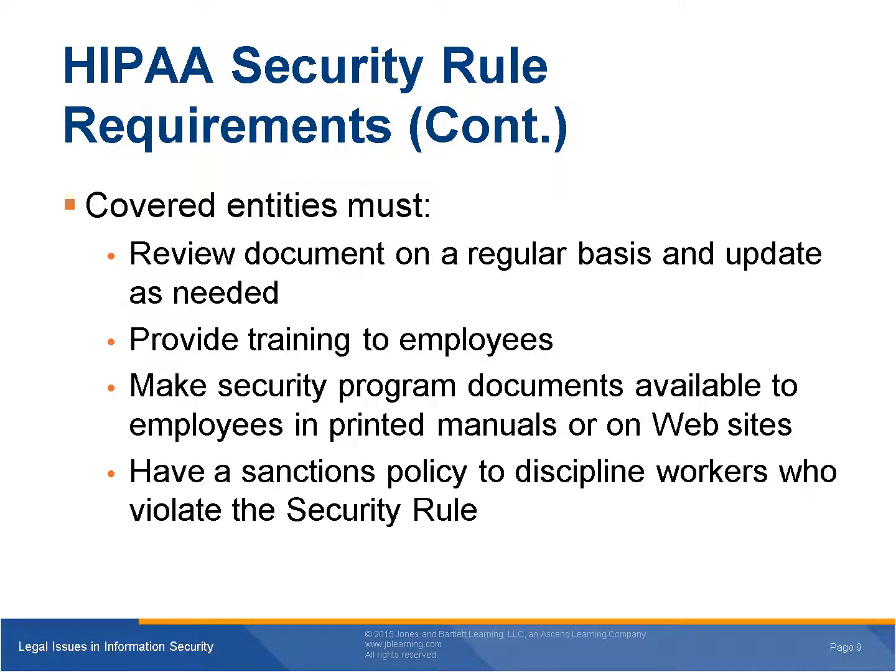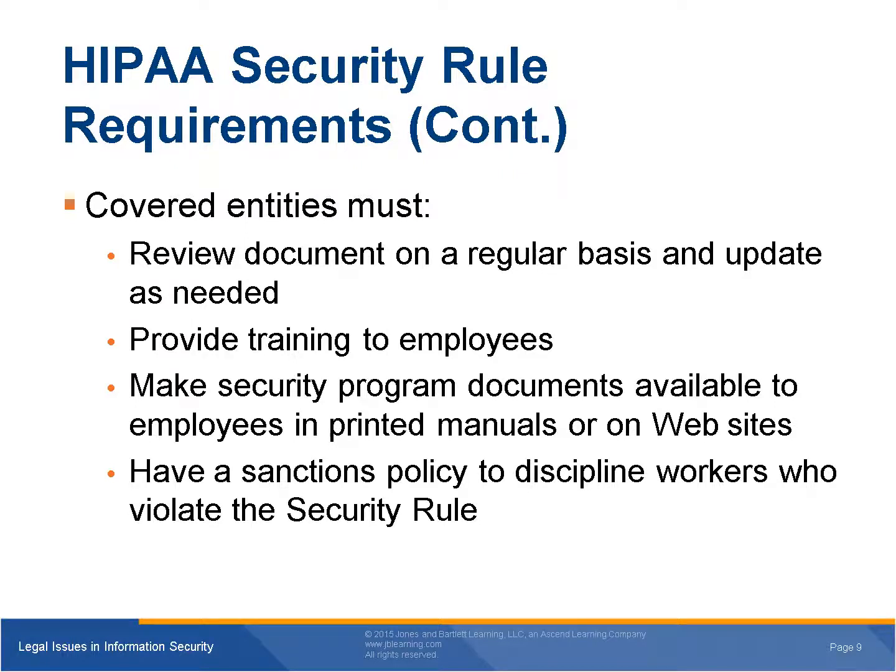The HITECH Act now requires them to do so. It creates notification requirements that covered entities must follow in the event of a breach of unsecured protected health information. Both covered entities and business associates must follow these rules.